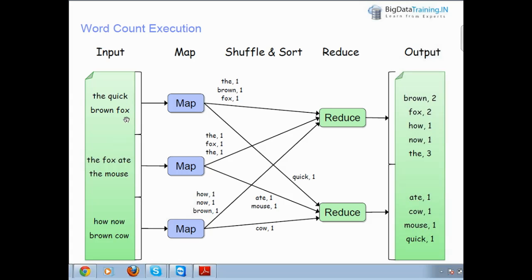Once every input key value, that is your input data set, your HDFS blocks, has been processed, all your intermediate key value pairs would be shuffled. They will be collected together, shuffled, and then sorted based on the keys. The process of shuffling and sorting is to minimize your whole process.